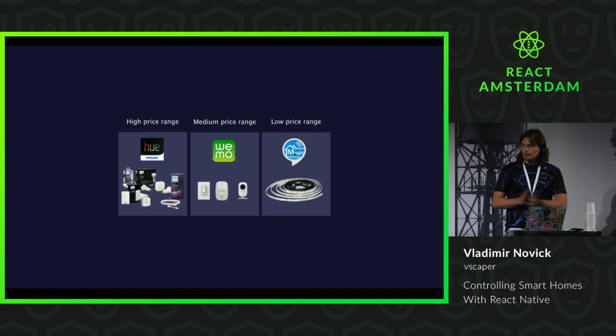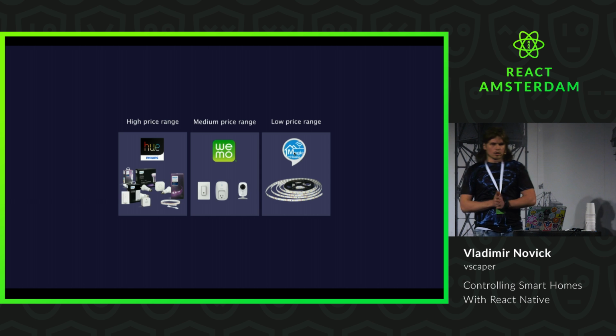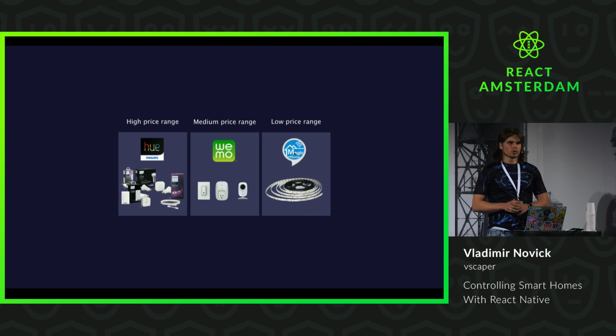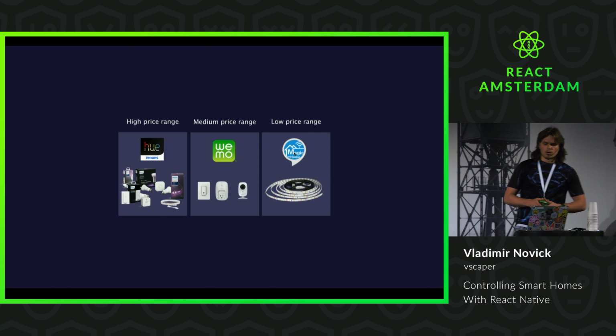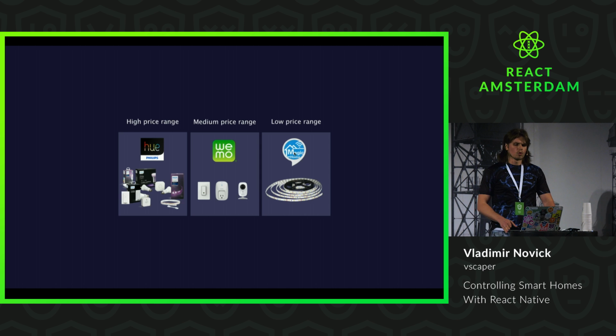So let's take a look at three steps, I would call. The high price range, which is Philips Hue lights. These are light bulbs and bridges. We'll talk in a bit about the architecture, how it works. There's Wemo, which is kind of mid-range. And there's a bunch of LED strips for $7, $5 on eBay, on Amazon.